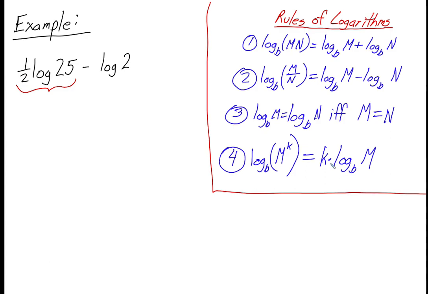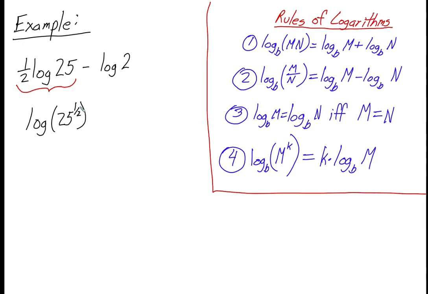Rule number 4 says if you've got a coefficient out in front of the logarithm, that's the same as having that same number as an exponent inside the logarithm. So, in other words, this 1/2 of the log of 25 is the same as the log of 25 to the 1/2.